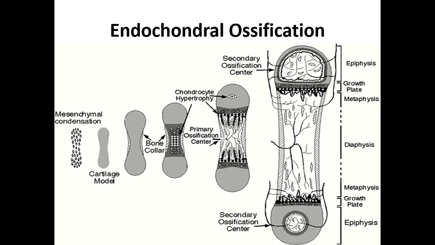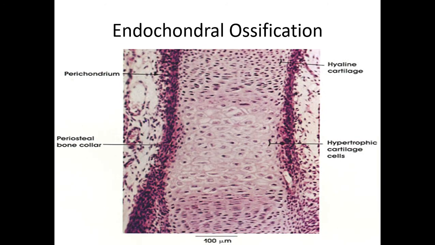So take note, the primary ossification center will be at the diaphysis and the secondary ossification center will be at both sides of long bones in the epiphyseal plate. So the bone will now be developed slowly, and in the diaphysis there will be different zones that are formed. We have here the bone collar formation at the diaphysis part of the long bone.